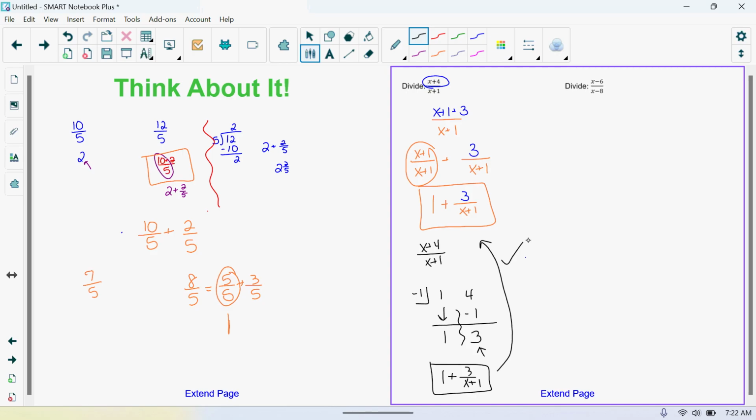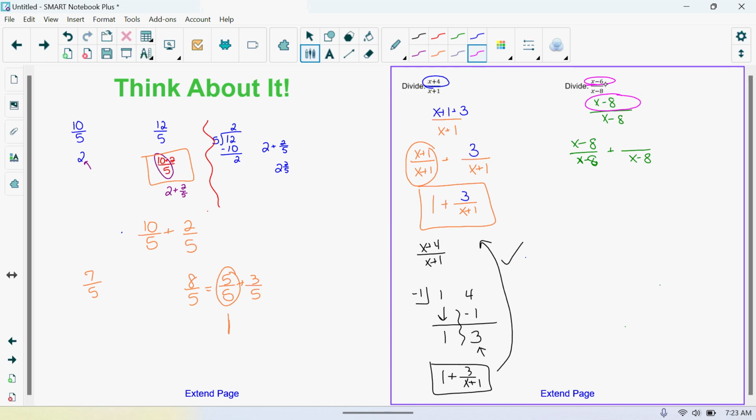I'm going to set it up over here again with my next question. So remember, my goal is to get this into x minus 8 plus x minus 8. And I always want this piece to match because I want it to reduce to 1. So right now I have x minus 8, but I want it to be x minus 6.